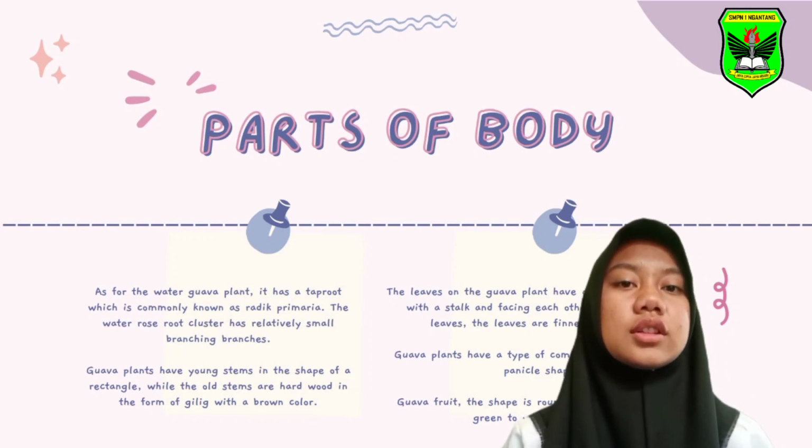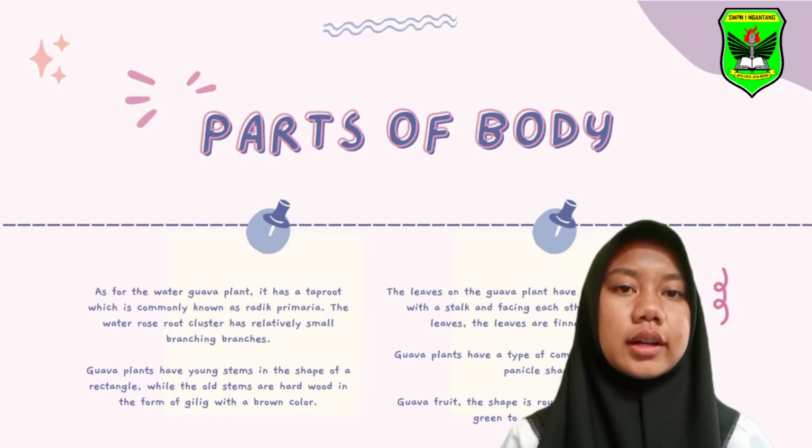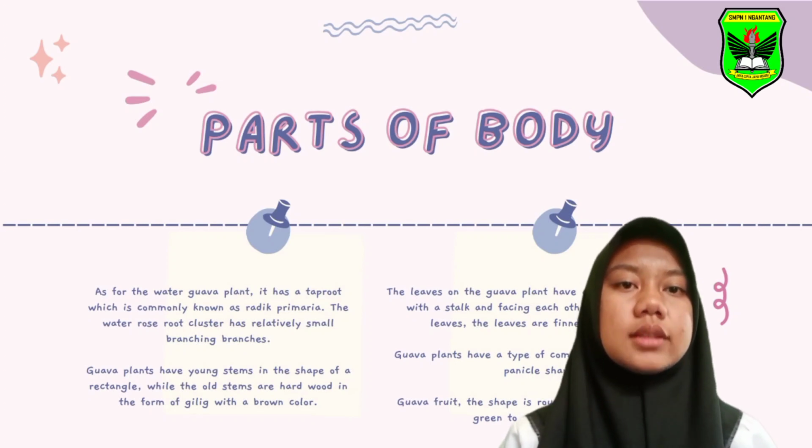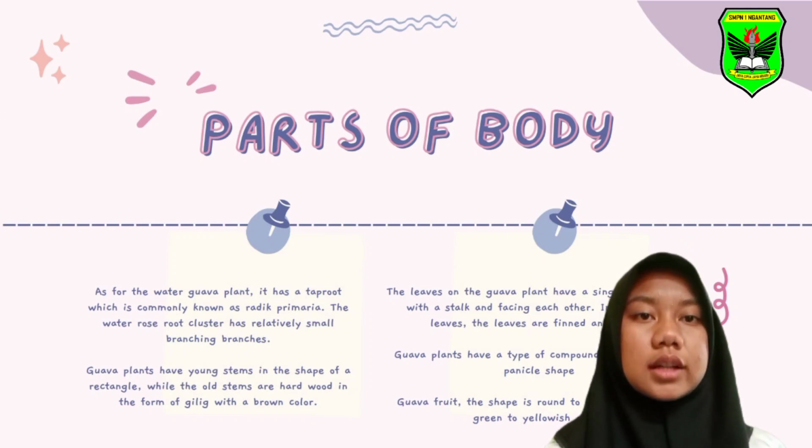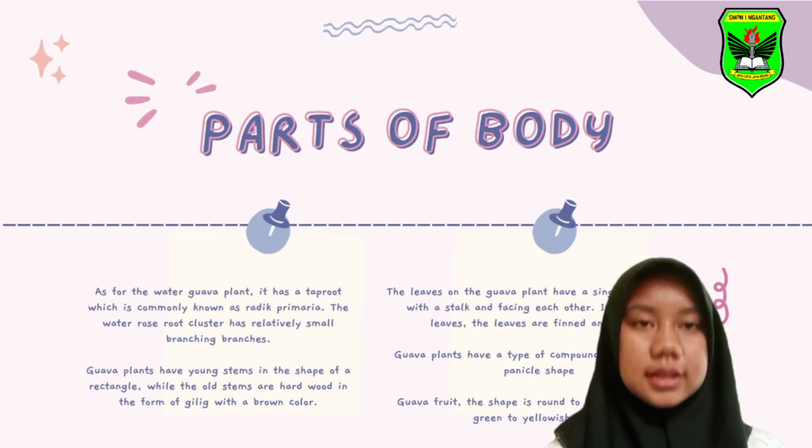The leaves on the guava plant are a single type of leaf with a stalk and a fitting edge. In bunches of leaves, the leaves are pinnate and green. Guava plants have a type of compound inflorescence with a panicle shape.